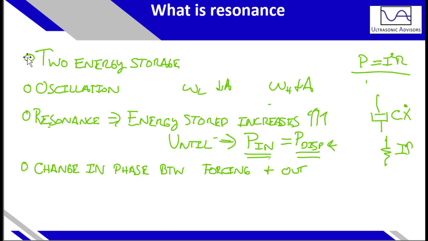And then again, that output could be current, it could be charge, it could be velocity, it could be displacement. But the forcing and the output will have a change in phase between them, and at that resonant point, which is a transition point, as we'll discuss in detail.